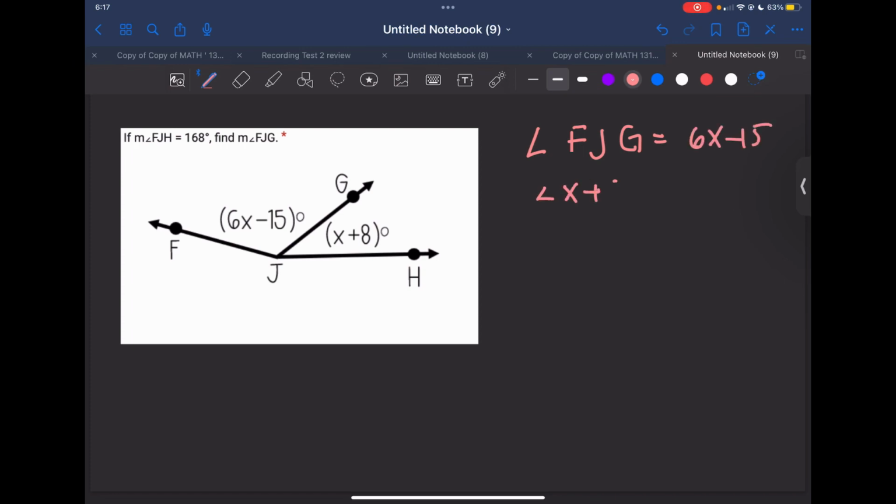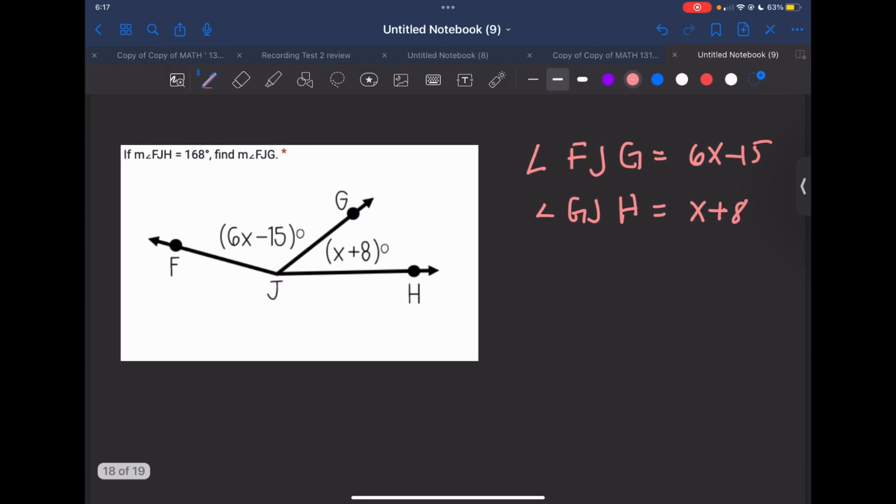Angle GJH equals x plus 8, but all together, because it says it right here, angle FJH equals 168 degrees.